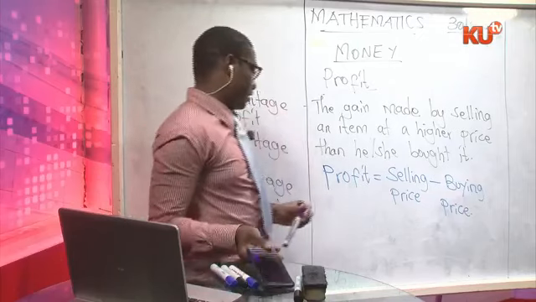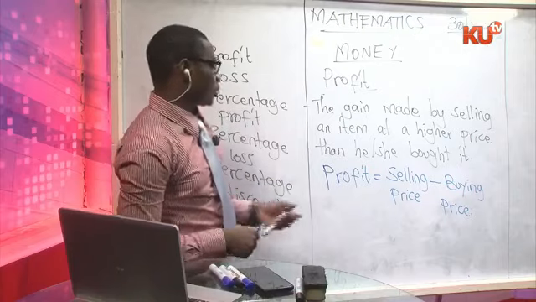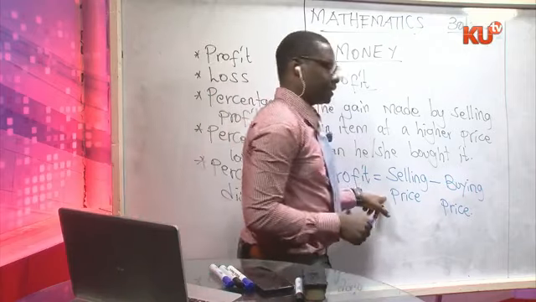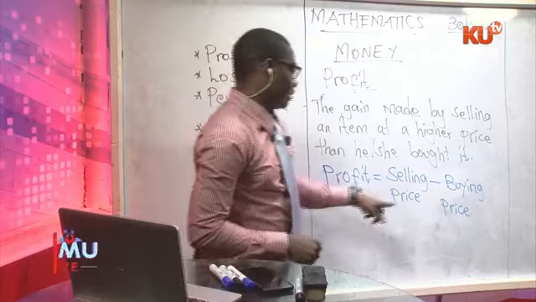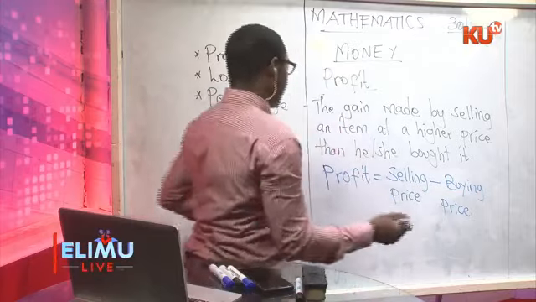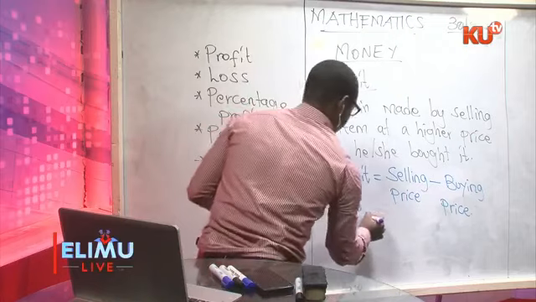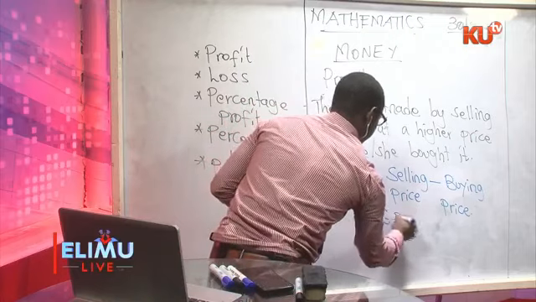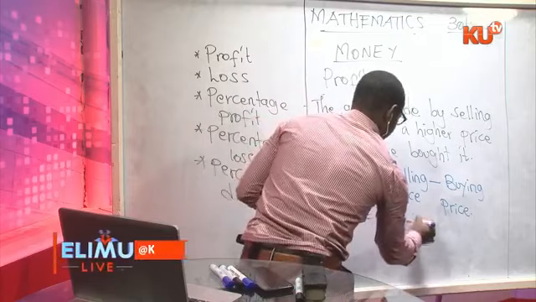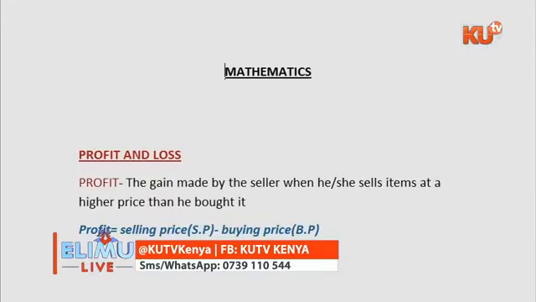Profit is gotten by having the selling price of the item and then you subtract the buying price. Now we can have initials for this. P to mean profit is equal to SP to mean selling price minus BP to mean buying price. So that is the formula that we have.